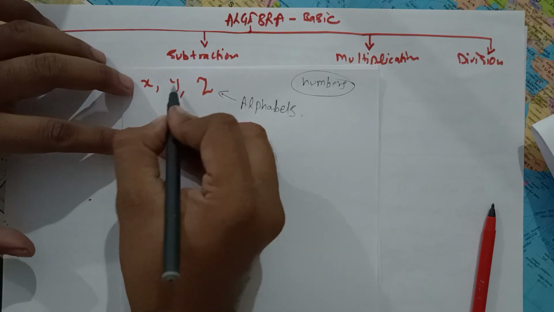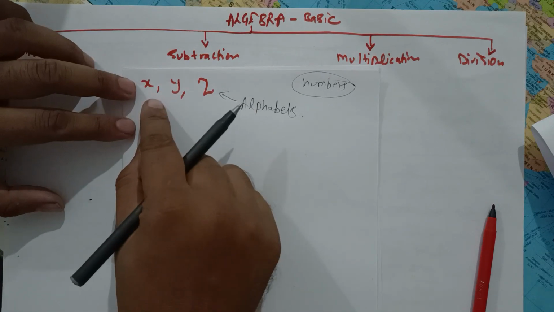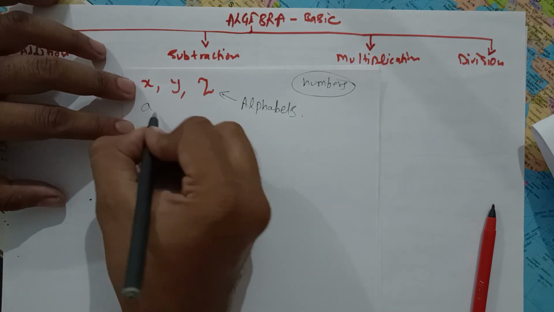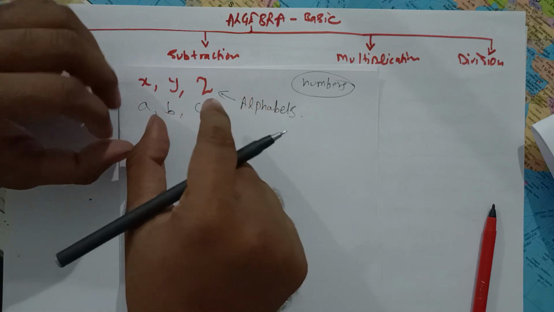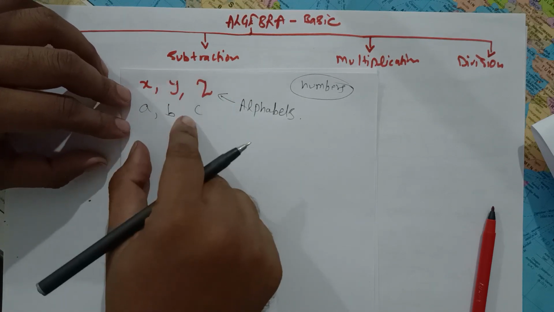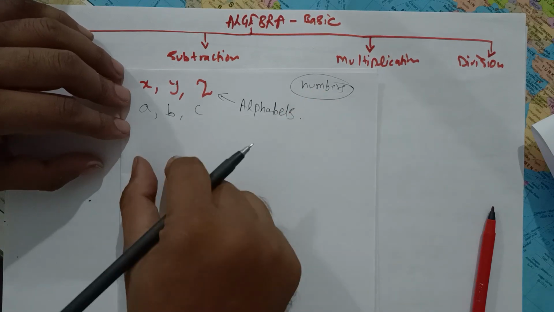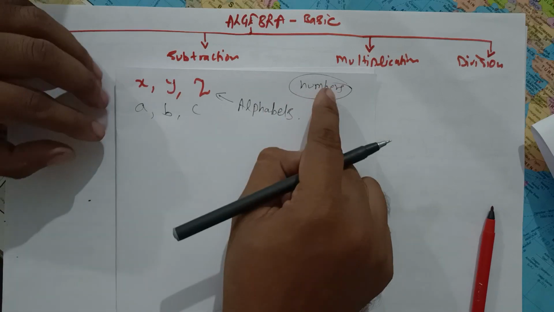Technically, if we see math in the form of x, y, z, a, b, c, any alphabet, these are not the numbers 0 to 9. These are other characters, not numbers.